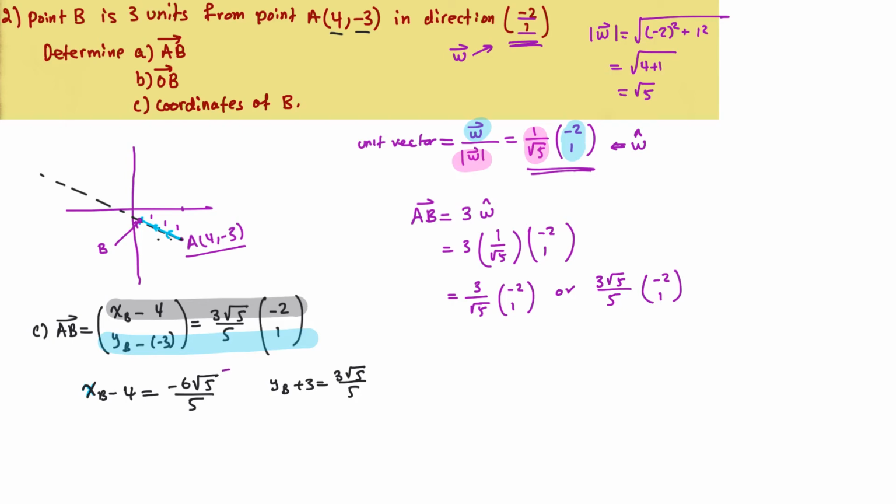I am going to add 4 to both sides for this, and I will end up getting the x component equal to -6 root 5 over 5 plus, for 4 I can write it as 20 over 5, and that's going to equal 20 minus 6 root 5 over 5 as my x coordinate.